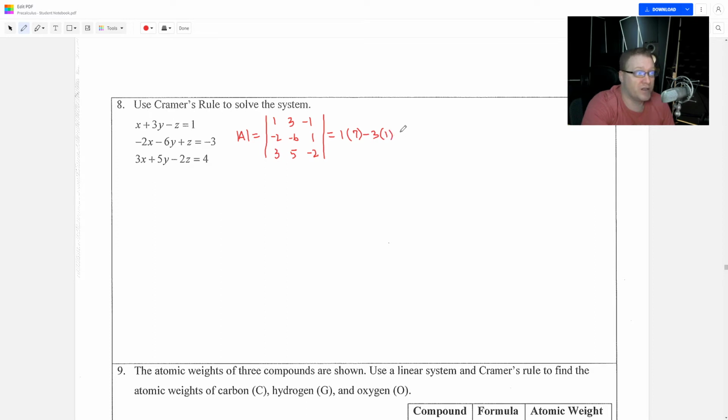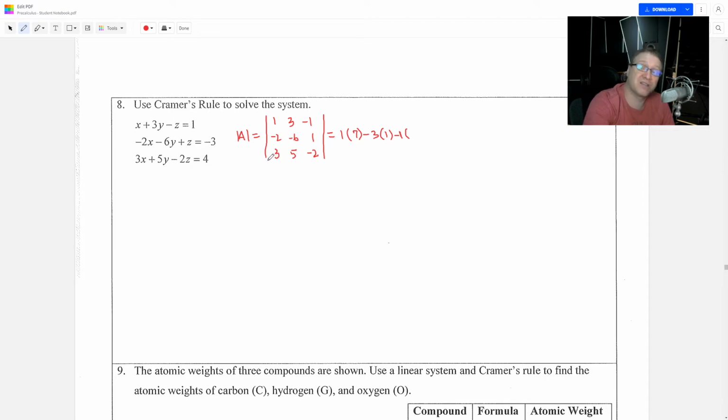And then there's a minus here, so it's going to be negative 1 times, and if we cross this out and this out, we're left with this thing here. Negative 2 times 5 is negative 10, and we minus negative 6 times 3. Negative 6 times 3 is negative 18. So it's negative 10 minus negative 18.